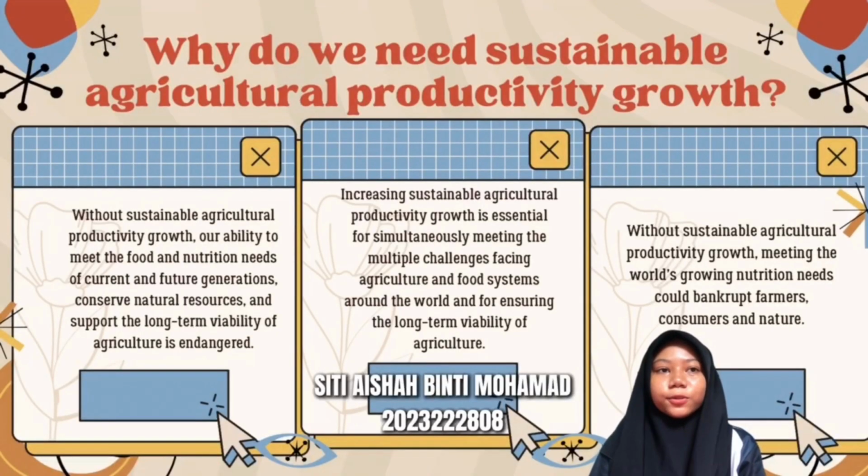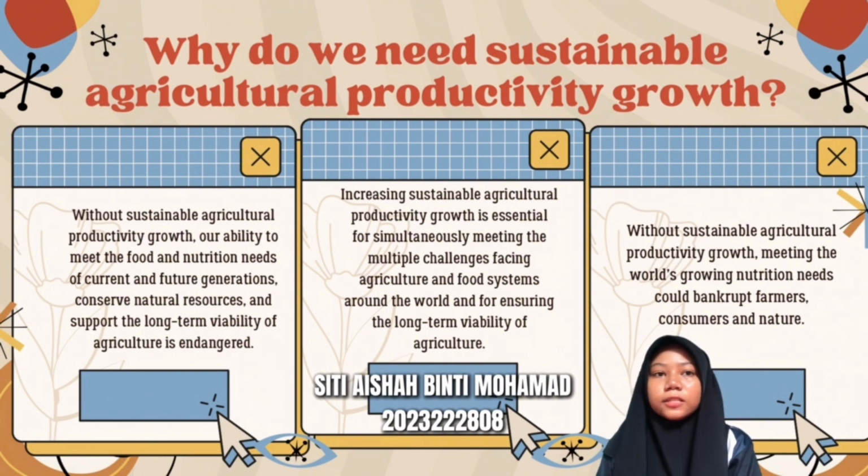Next, I would like to explain about why do we need sustainable agriculture productivity growth. First, without sustainable agriculture productivity growth, our ability to meet the food and nutrient needs of current and future generations, conserve natural resources, and support the long-term viability of agriculture is in danger.